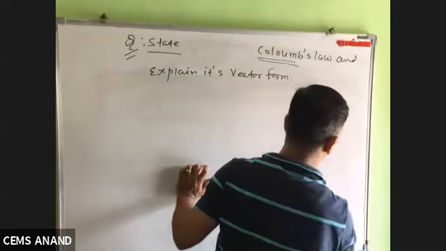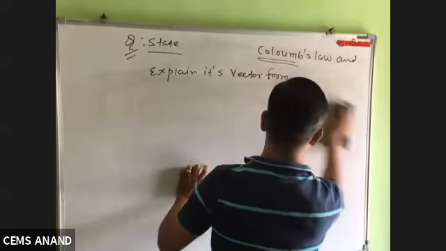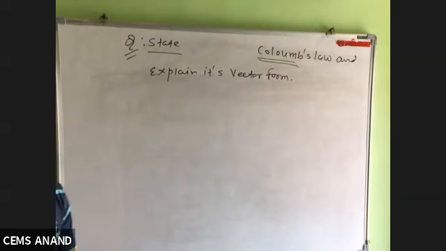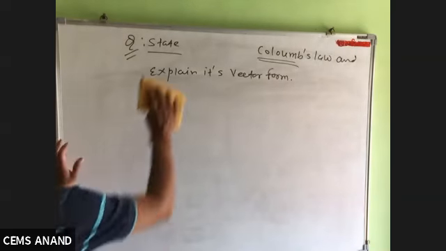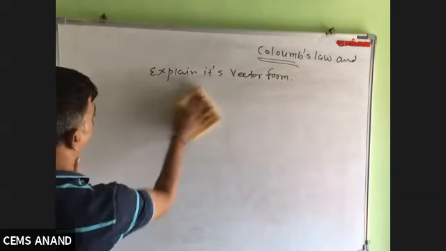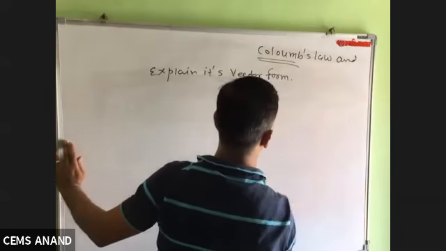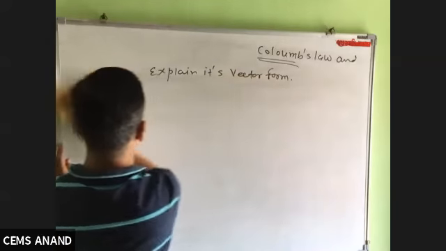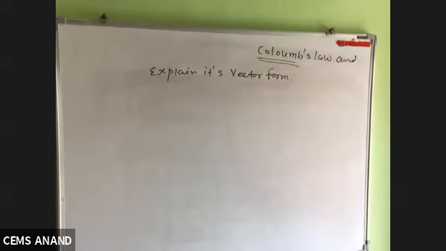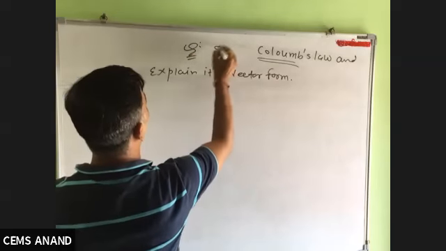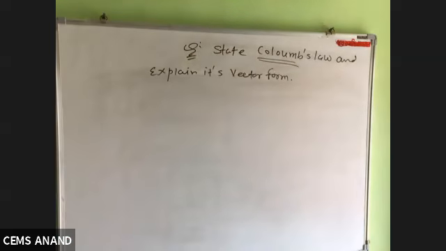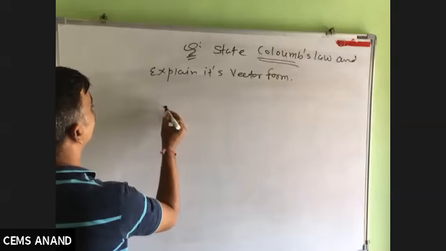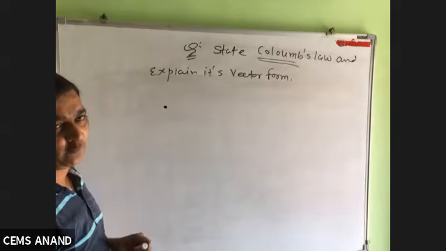Write the statement in inverted commas or brackets, whatever you say. Just write the statement of Coulomb's law again.